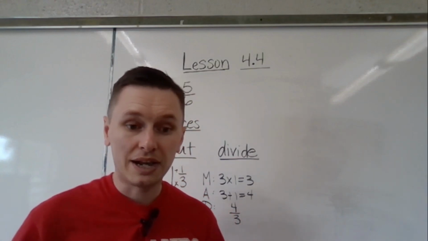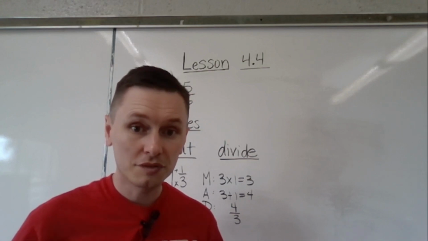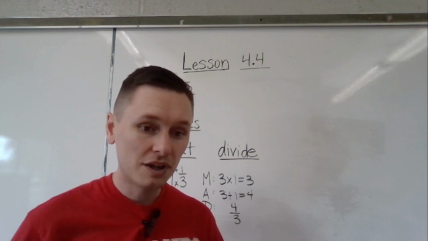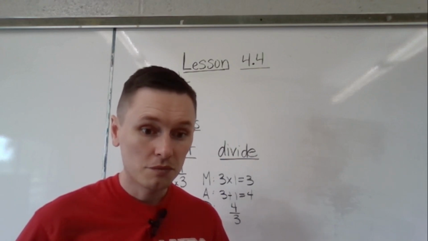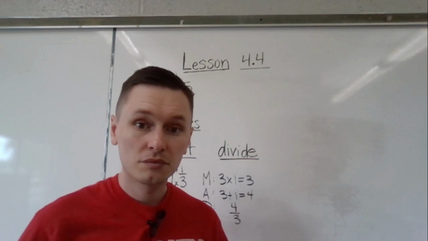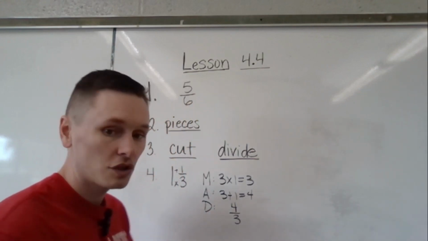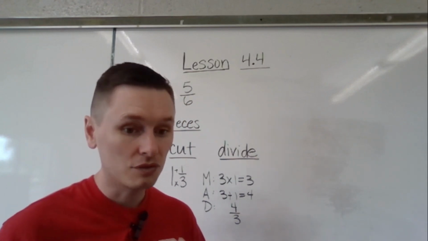However, the other fraction in the problem is, what is the other fraction in the problem? Well, the other fraction in the problem is 5/6. So if we want to find a common denominator, we recall that we have to use the GCF, and the GCF between those two, we want to get to 6. So the GCF, we want to multiply by 2.